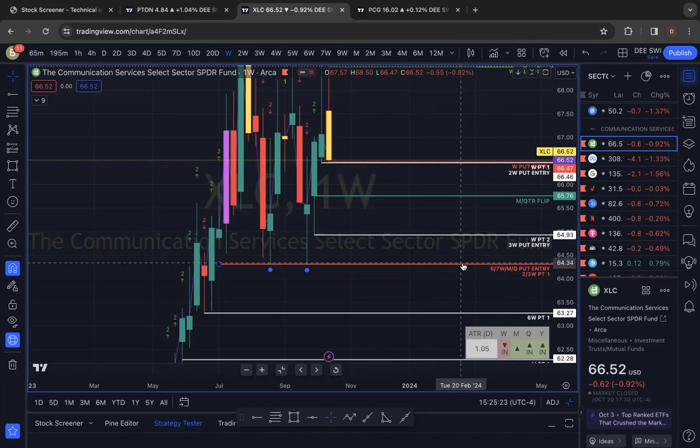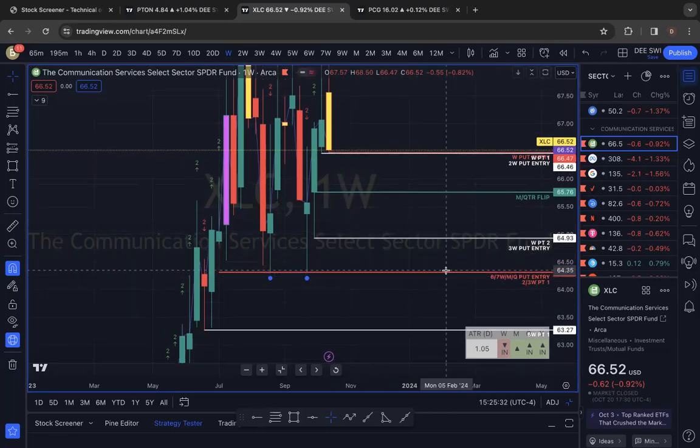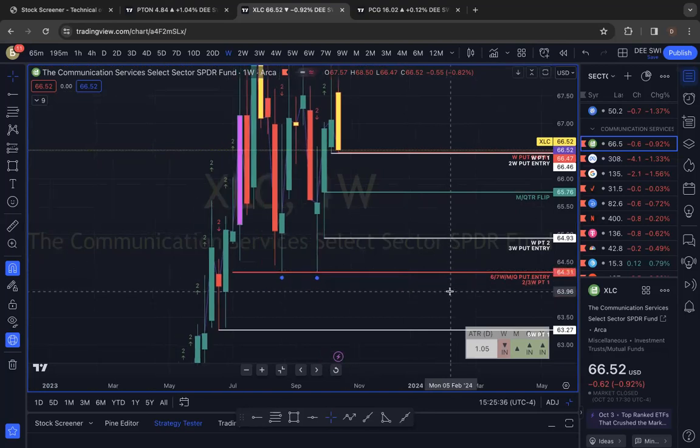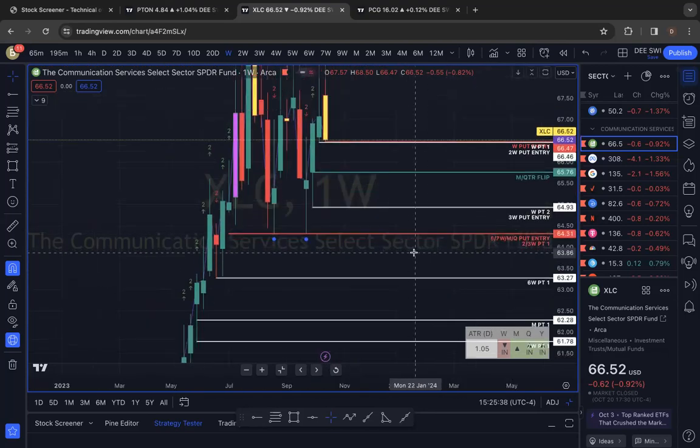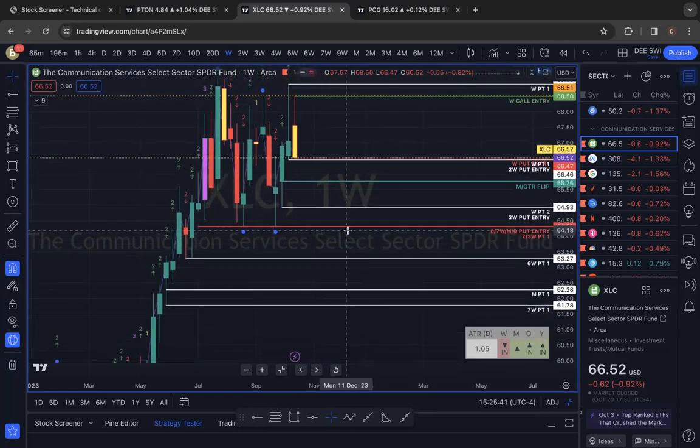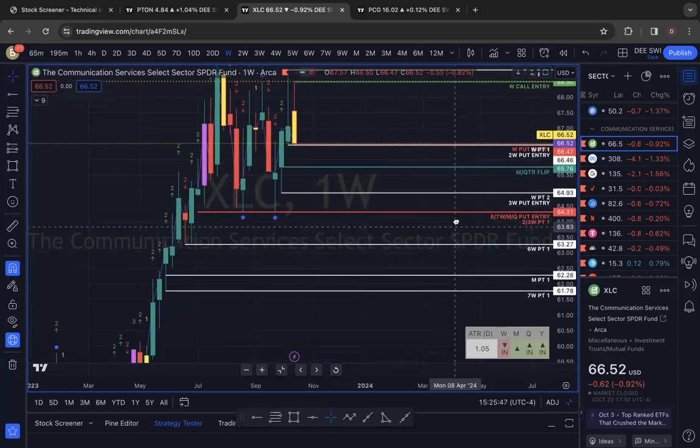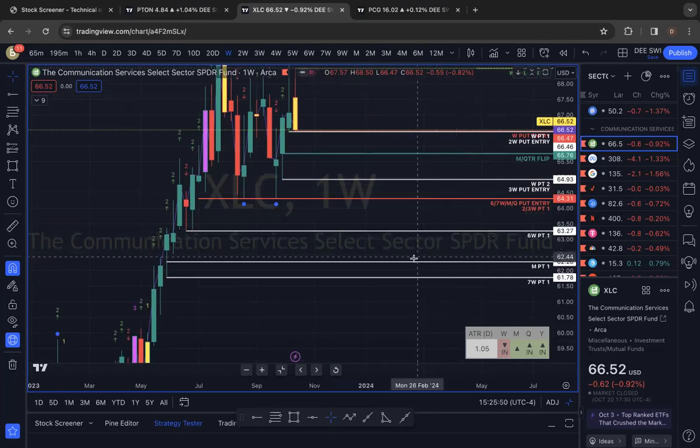Okay, so this seems like a pretty significant level, huh? This is a pretty significant level where it has all these time frames either being the price target or the put entry for more downside. Now, if we trigger the month and the quarter, also the 6-week and the 7-week, we have our 6-week price target here, our monthly price target here, our 7-week price target here.